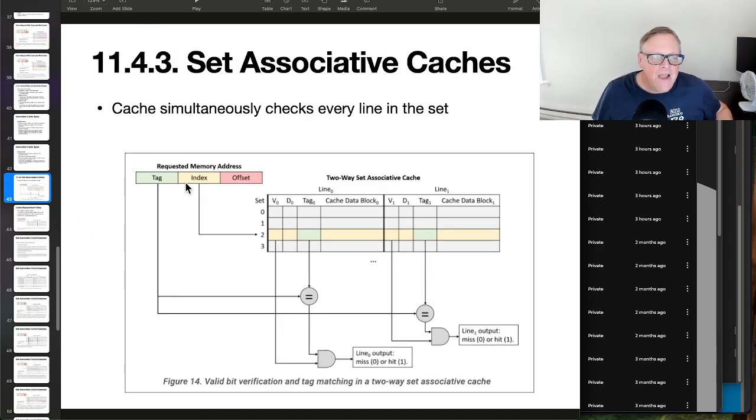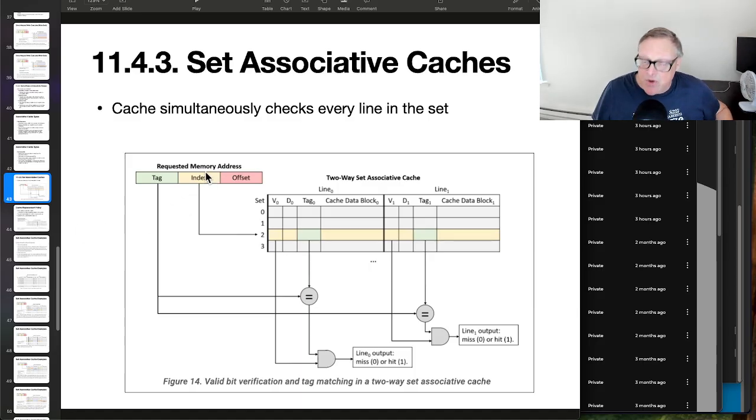So instead of having one index point to one line, we have multiple cache storages in this line. If there were two different tags with the same index that we keep referring to, we could store them both and not have to keep refreshing the contents of the cache. So this is the obvious sort of middle ground.